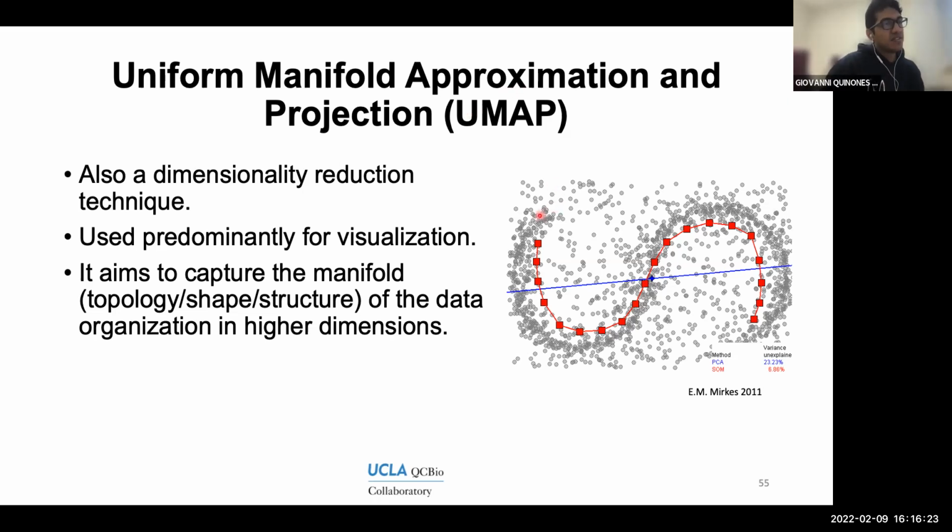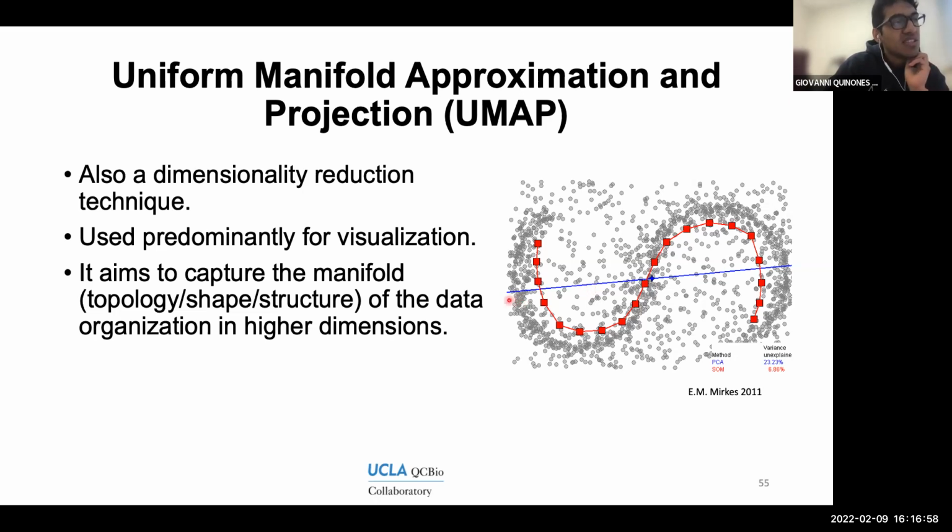And I found this example, which I think very clearly outlines the advantage of UMAP, where you have points that make this S shape. And this is the distribution, or the manifold, or the structure of your original data points. When you perform a PCA analysis, it's going to find this axis, the blue line, as being the axis of maximal variance.